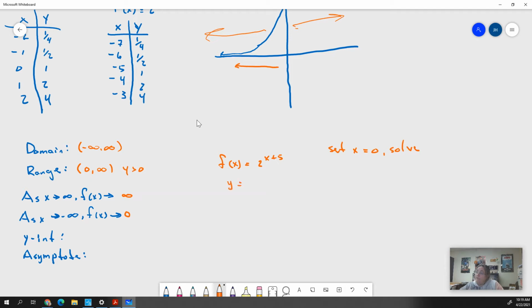So y equals 2 to the 0 plus 5, which is the same as saying 2 to the 5th power, which is 32. So we could just say y equals 32. Has our asymptote changed at all? Has the line that we can't cross changed?